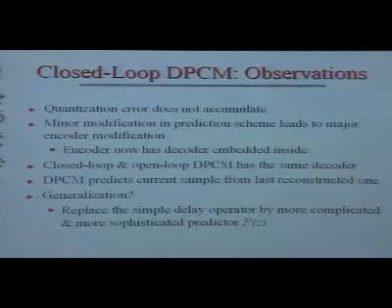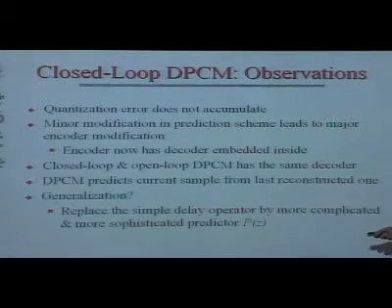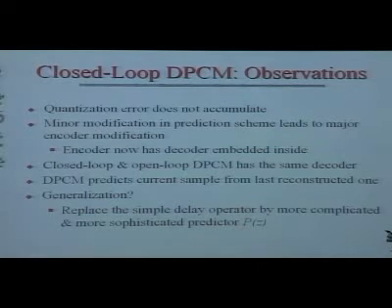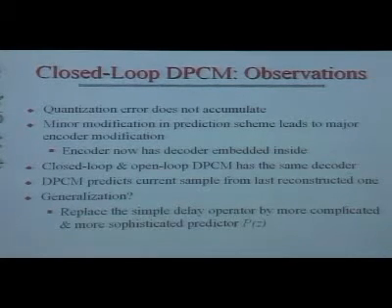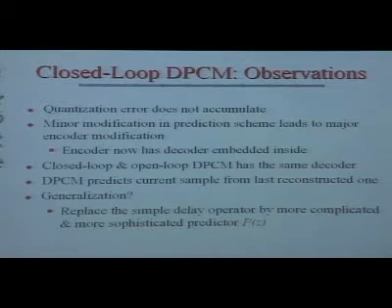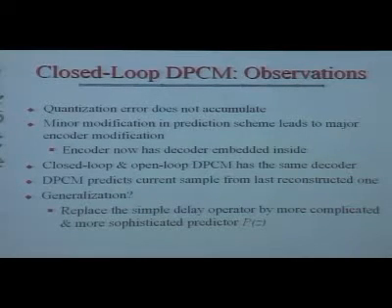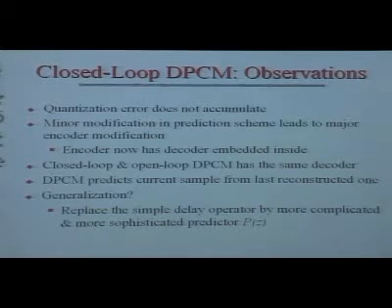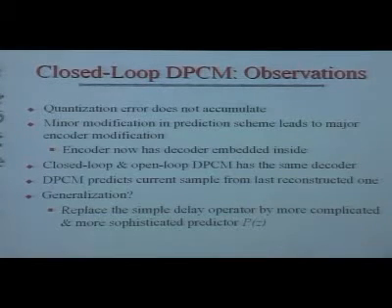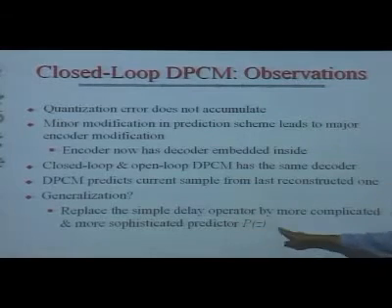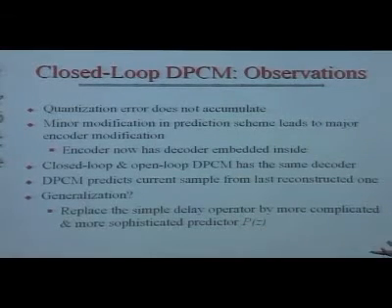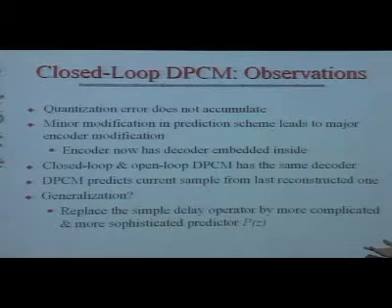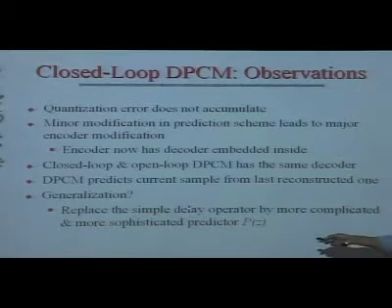One thing that we can do is to replace the simple delay operator. So instead of predicting xn from just x hat of n minus 1, maybe we will predict from more than just one sample, or a linear combination of the past samples. We will use what we call a predictor, or just a filter operation, and hopefully we're going to do better than a simple delay.